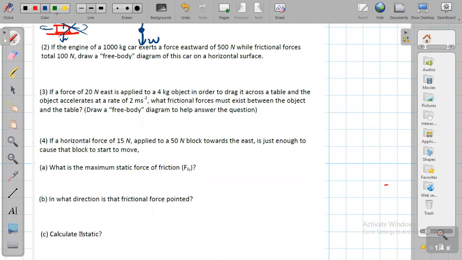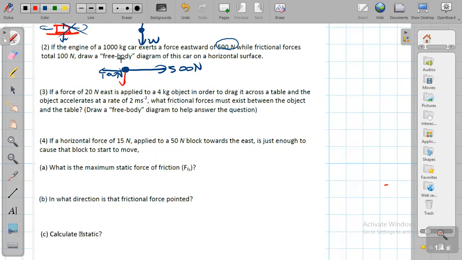If the engine of a 1000 kg car exerts a force eastwards of 500 Newton, while the friction is 100 Newton, draw a free body diagram of this car on a horizontal surface. You don't need to find the result. Just draw the free body diagram.